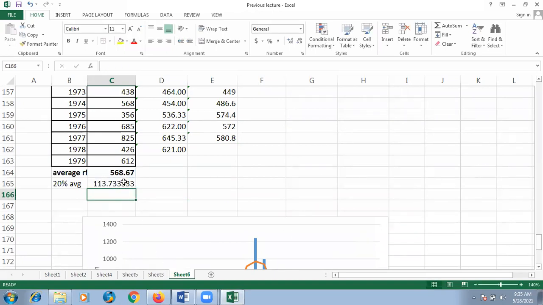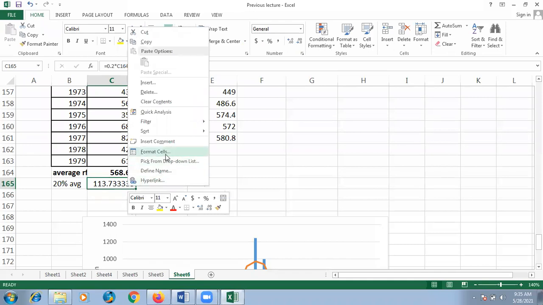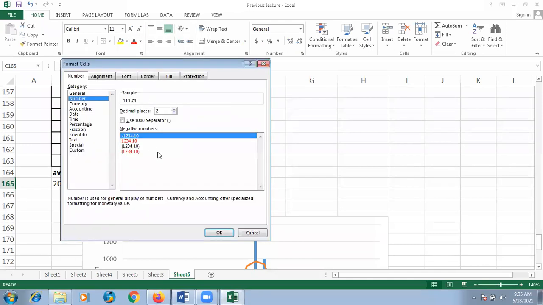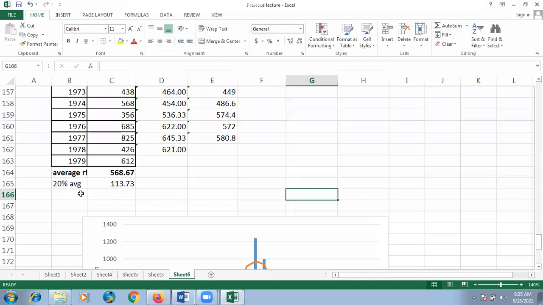So this also I will format for 2 decimal locations. Okay. Average is 568.67 mm. 20% of average is 113.73. So this is what we have obtained.